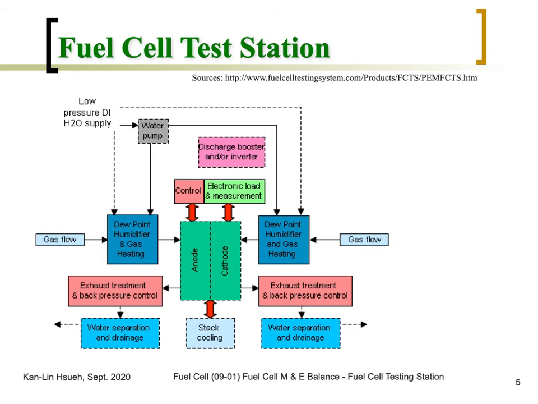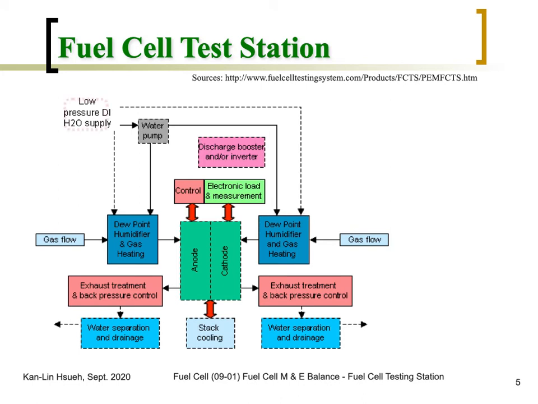And on the air cathode side, it's the same thing. You use a mass flow controller to control the air flow rate, and also use a humidifier and heating to control the inlet air humidity and temperature before it goes into the cathode.